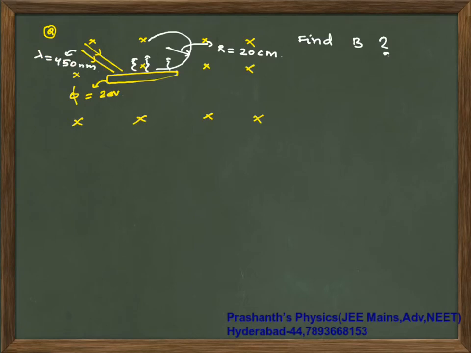When 450 nanometer wavelength light is projected onto a metal plate, obviously ejected electrons, this topic comes in cyclotrons. When a charged particle is projected into a uniform magnetic field, it goes in a circular path.